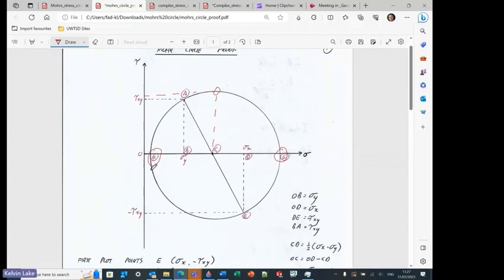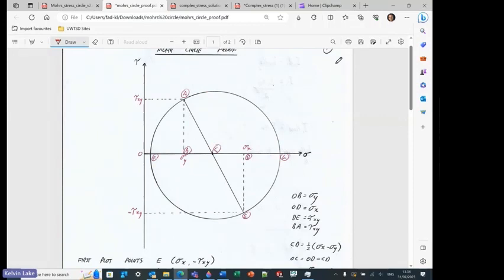Okay, so looking at my circle, we can calculate the principal stresses, we can calculate the maximum shear stresses, we can calculate the positions of those planes relative to each other by measuring an angle off of my circle and then halving that angle. That's going to be the location of those things on my 2-dimensional stress system.